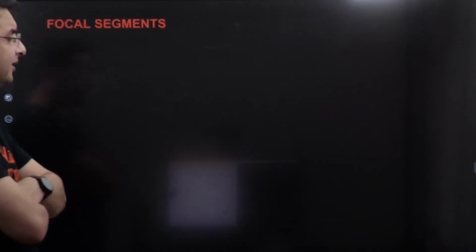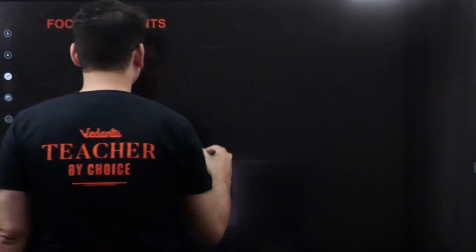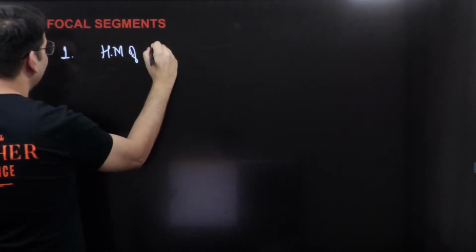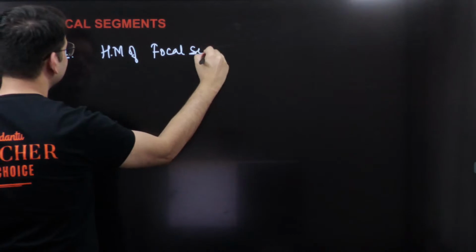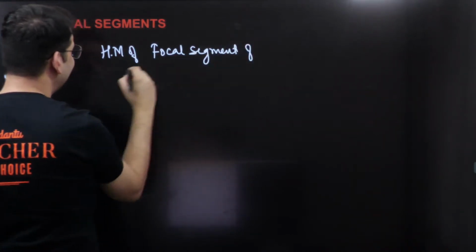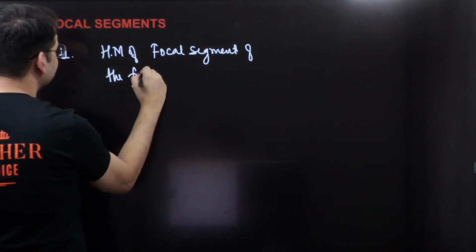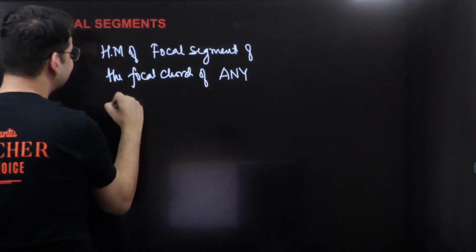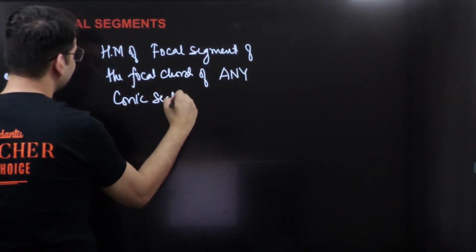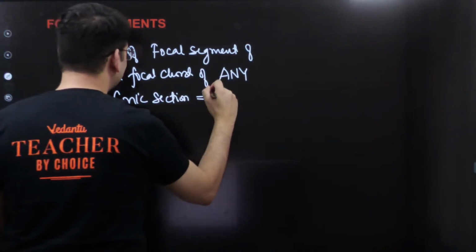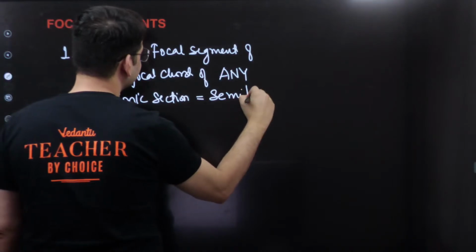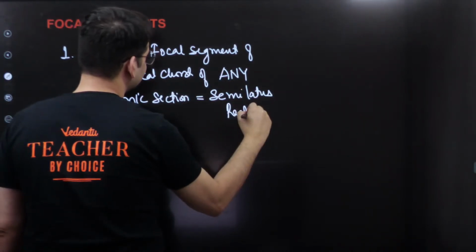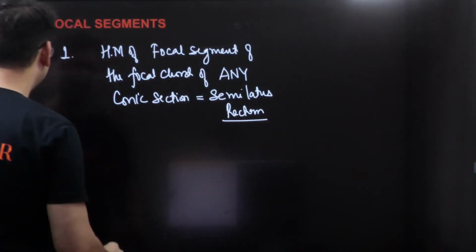All right. Next is focal segments. So again, we'll talk about the focal segments of all the three. The first point is the harmonic mean of the focal segments of the focal chord of any conic section is equal to the semi-latus rectum.